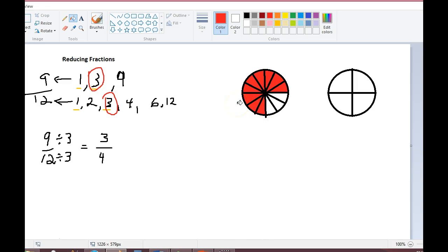Okay, there are my 9/12. And now over here I'm going to represent the same fraction, 3/4. And I hope you really notice that these are equal to each other. The same amount of these circles is being shaded. It's just a different size sectioning that's been happening here.